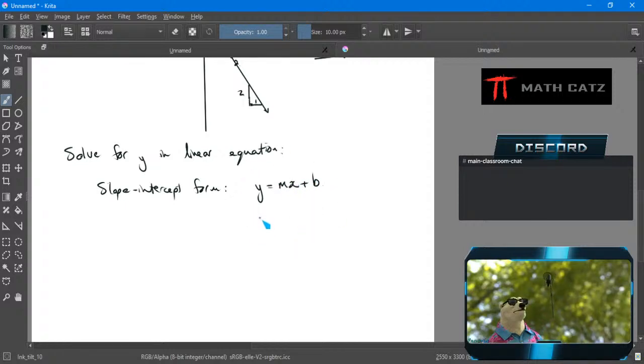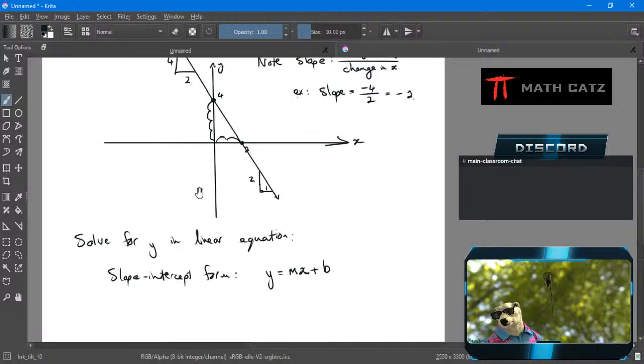An alternative to the general form that, in my opinion, is a little bit more useful, because the numbers that feature in that equation directly correspond to properties on the graph, whereas the original general form of the linear equation doesn't show me immediately what those numbers mean.